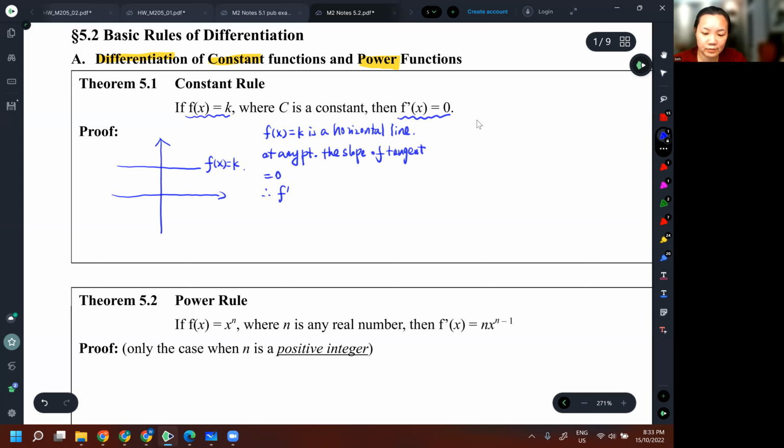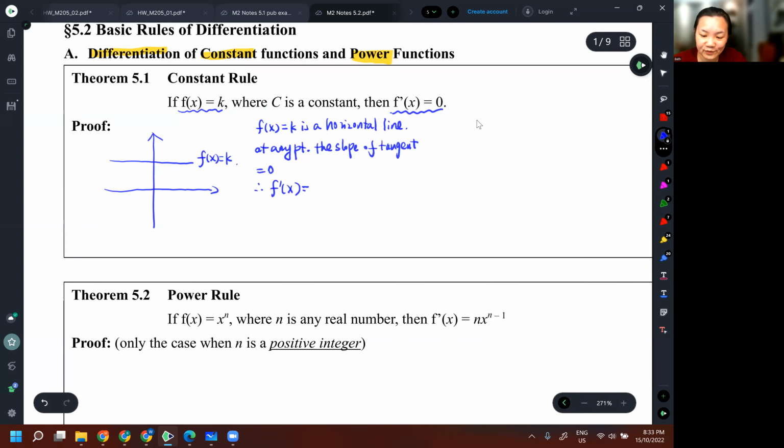Therefore, f prime x, the derivative function, is equal to 0. Of course, the derivative at a point is also 0, and the derivative function is also 0. Okay, that's the first method.